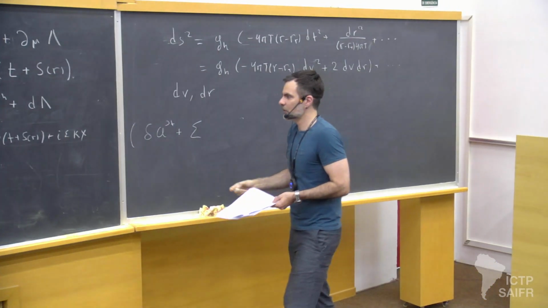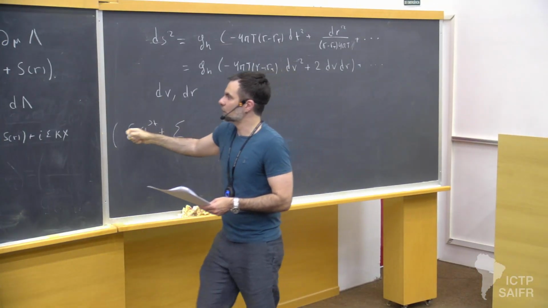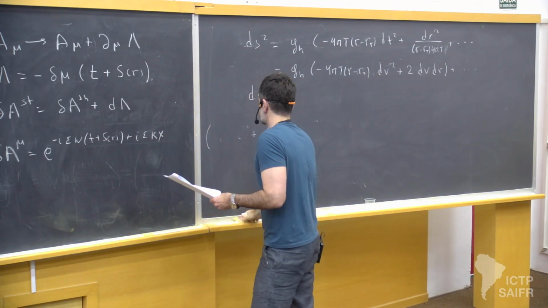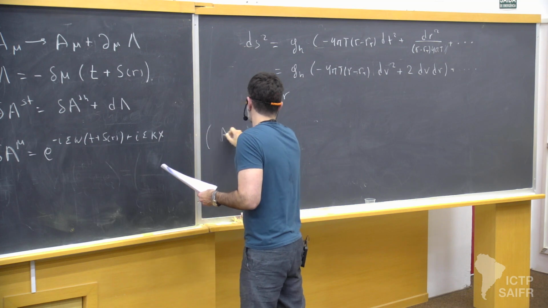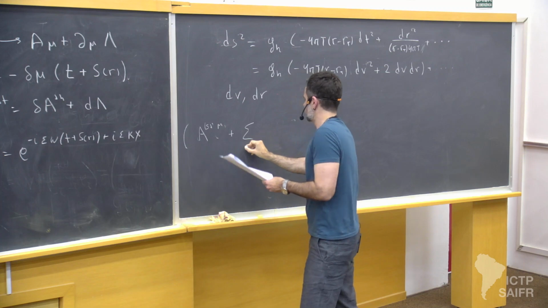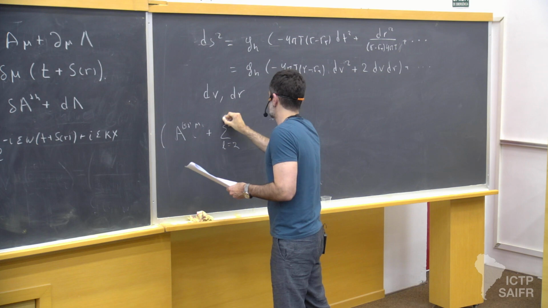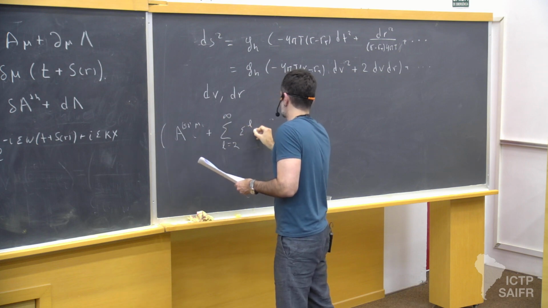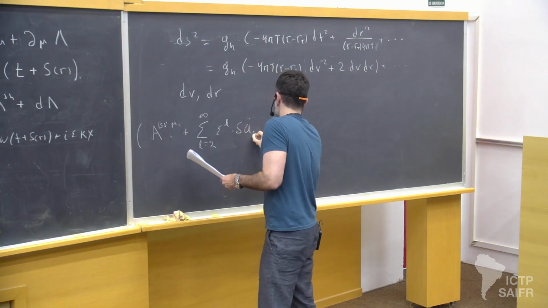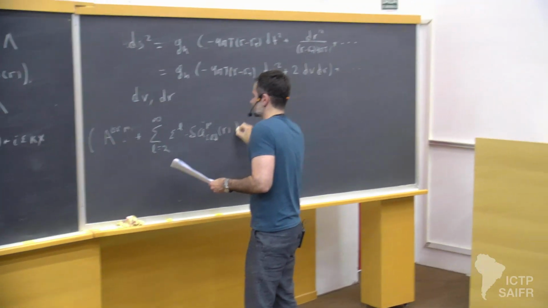So as I'm increasing epsilon from 0, I'm going to be correcting this solution, the static mu, times, let me call these corrections delta A_L.